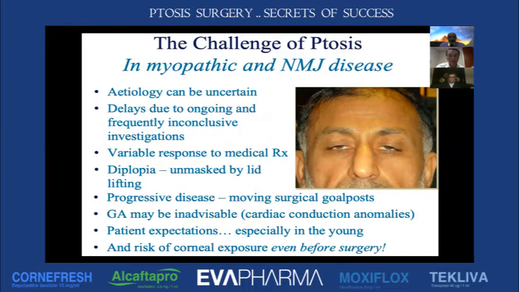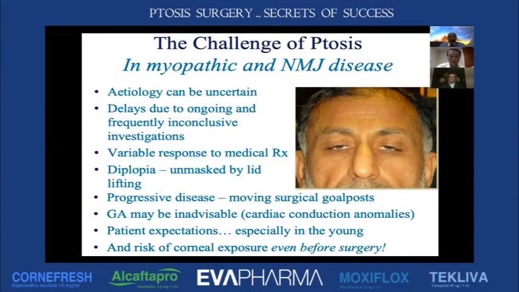They have a variable response to their medical treatment, and if you do operate on them, then of course there's the risk of diplopia, and this is unmasked when the lid is lifted. And the question is often whether to lift one lid or two lids. And if that's not enough to cope with, of course the disease is often progressive, and the surgical goalposts are moving all the time. In addition, although you may want to perform this under a general anesthesia, at times it may be inadvisable due to cardiac conduction anomalies in some of the conditions.